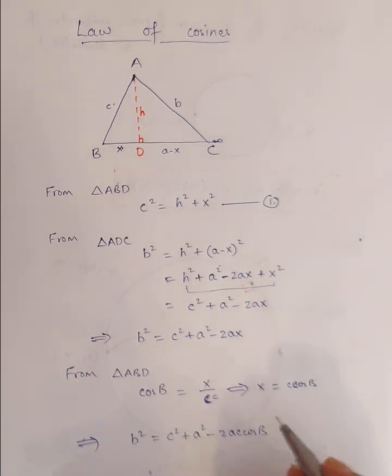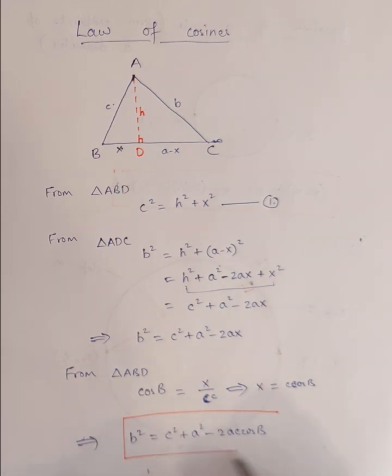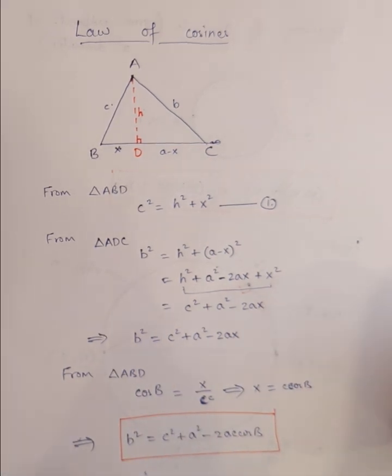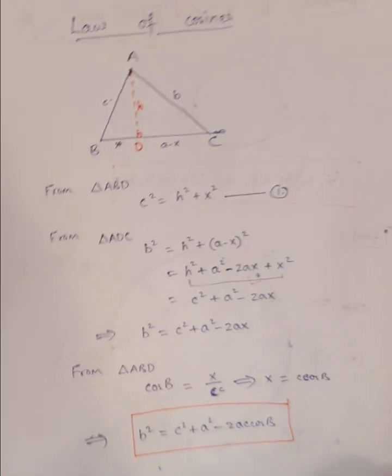What I'm going to do is, on a separate sheet of paper, copy this first. b square equals c square plus a square minus 2ac cos B.